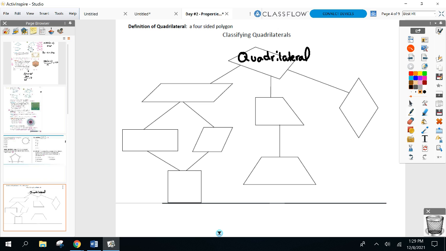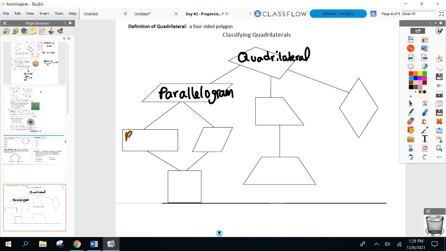First, let me pop a parallelogram here. Let me introduce you to his family right there, the parallelogram family. Who's in the parallelogram family? What do you think just by looking at those? Yeah, Rosie, the rectangle.